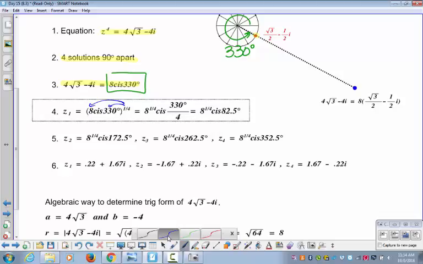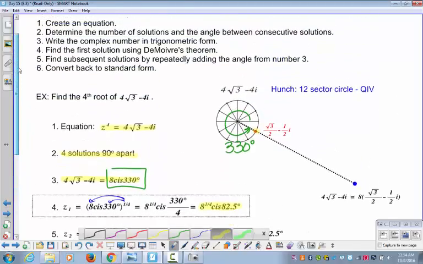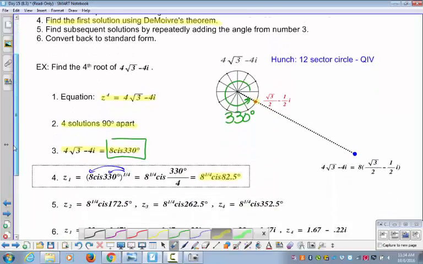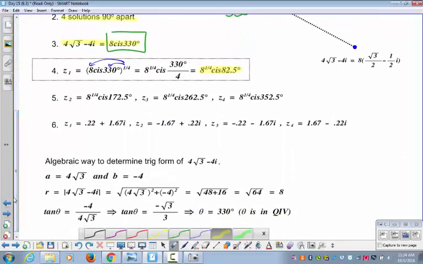So we're going to take that 1/4 and distribute it to the 8, and distribute it to the angle. And when we distribute to the angle, we mean multiply the angle. There's our first solution right there. So step 4: find the first solution using de Moivre's theorem. That's the most subtle of all the steps in this process.